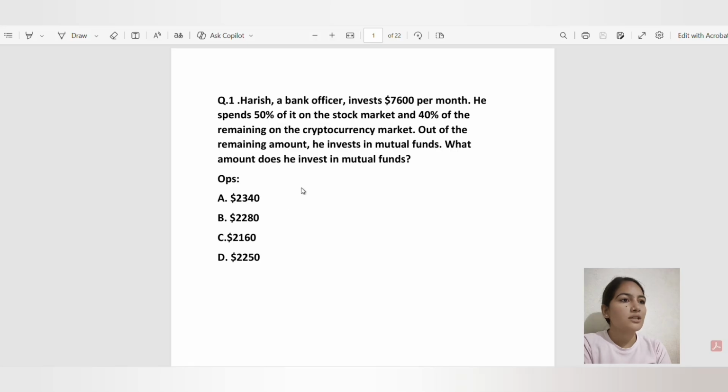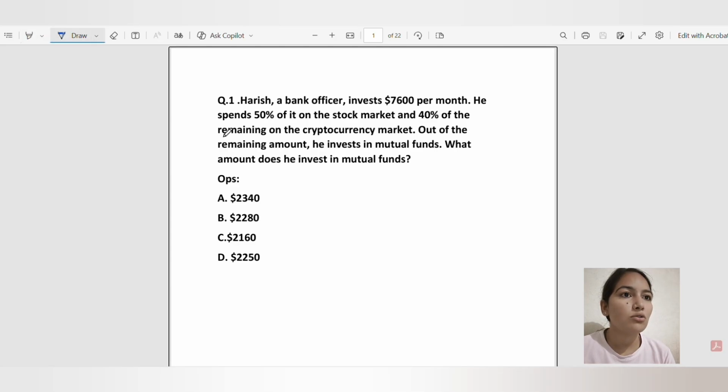So the first question is: Haris, a bank officer, invests 7,600 per month. He spends 50% of it on the stock market and 40% of the remaining on the cryptocurrency market, and out of the remaining amount he invests in mutual funds.